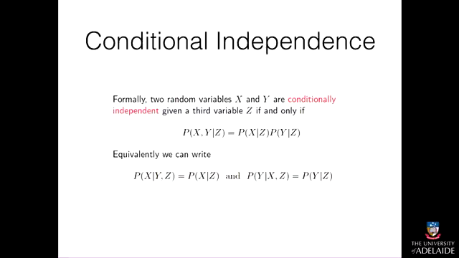For example, for this one, we can see that conditioning on y and z is actually not necessary. If you know z, we can just ignore the value of y. So this is conditional independence.